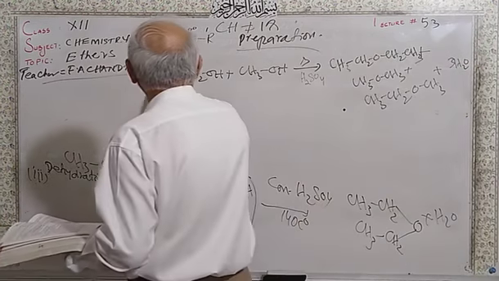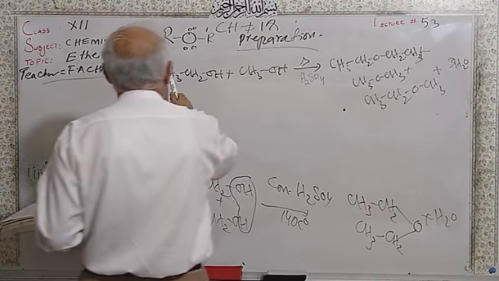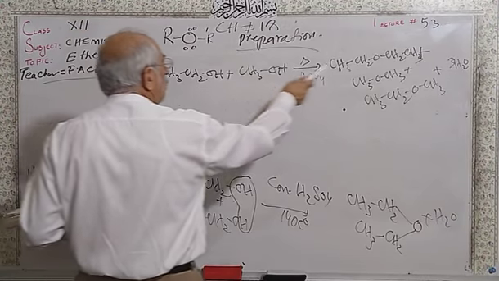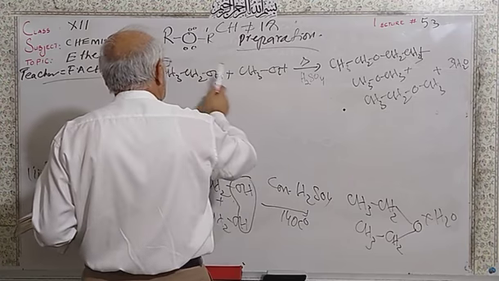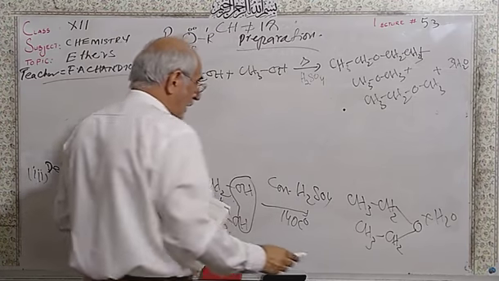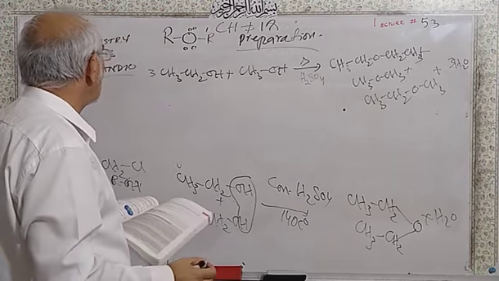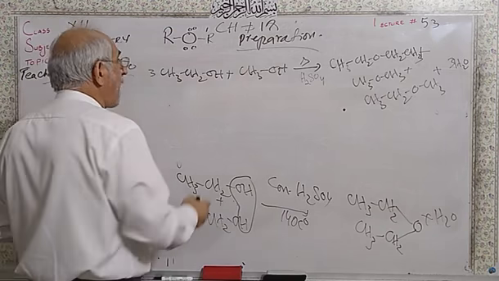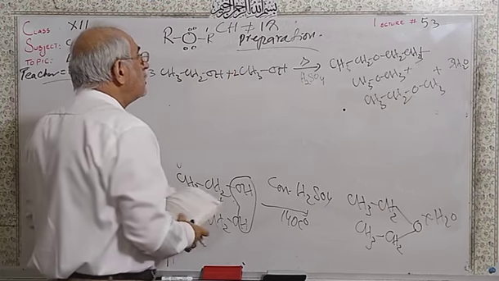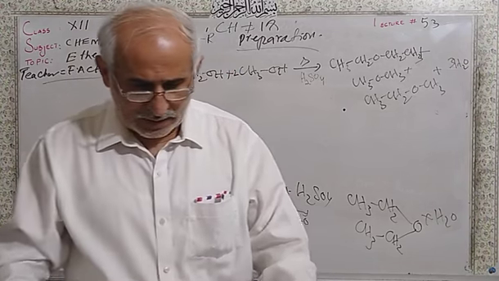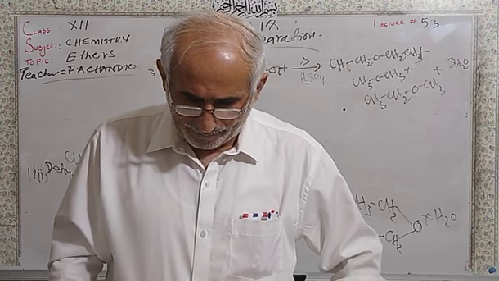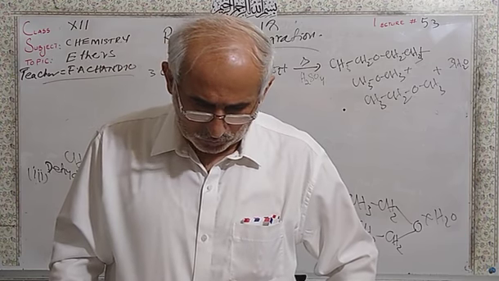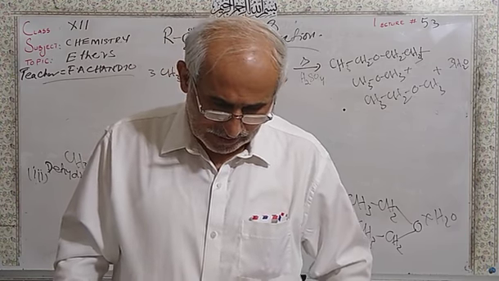There are 3 molecules of ethyl alcohol. So take 2 to make this one. Take 1 ethyl and 1 methyl here to make the ethyl methyl ether and dimethyl ether also. These are the methods for the preparation of ethers.